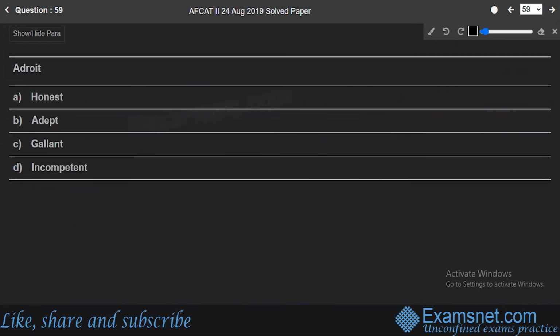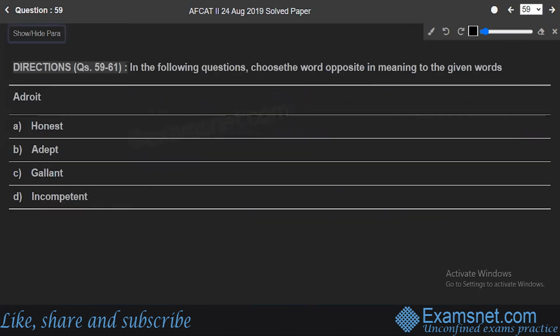Question number 59. In the following questions, you have to choose the word opposite in meaning to the given words. The given words are adroit, honest, adept, gallant, and incompetent. Adroit means skillful or clever.